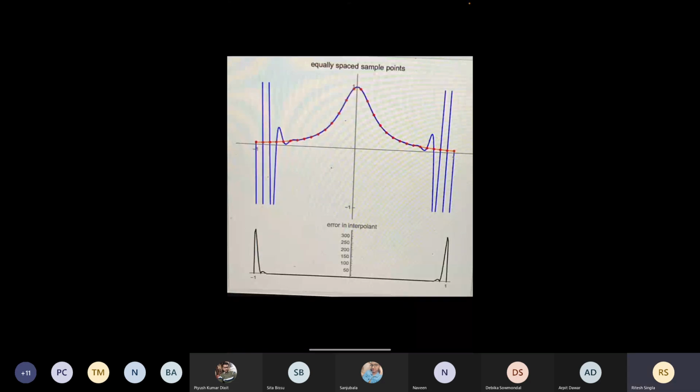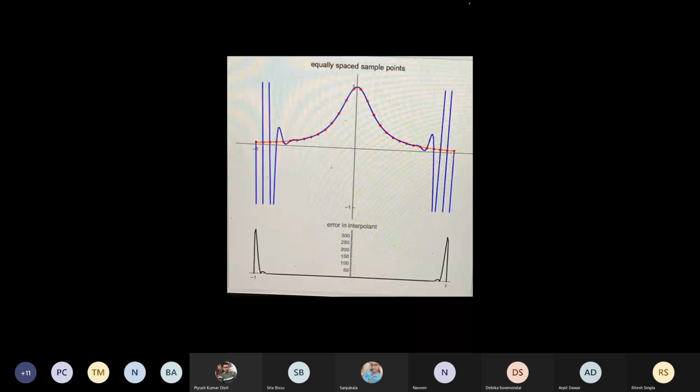1 upon 1 plus 25x squared. Across the edges, you are having very high fluctuations. So that's why when you increase the number of degrees of freedom, or if you increase the number of equally spaced nodes, this will be the trouble.